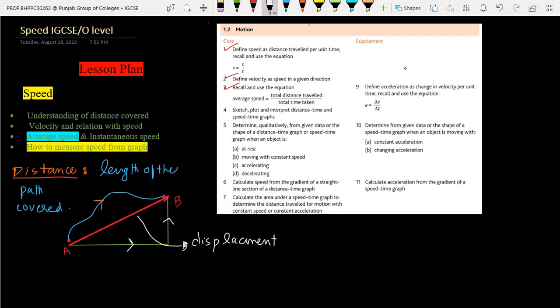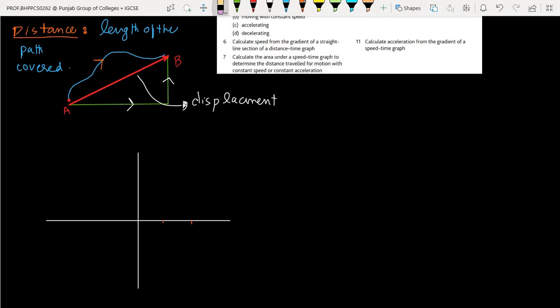So let's take another example in which I will show you the difference between the distance and the displacement. For example, I have drawn north, south, east and west. Okay, this is north, this is south, this is east, and this is west.